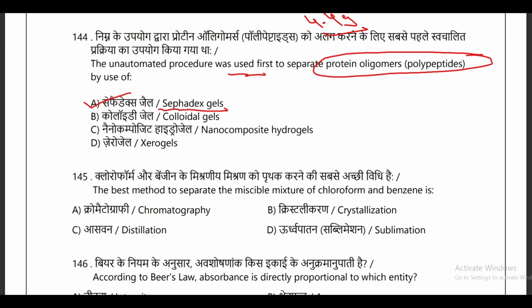Sephadex gels are known for their use in gel filtration chromatography.